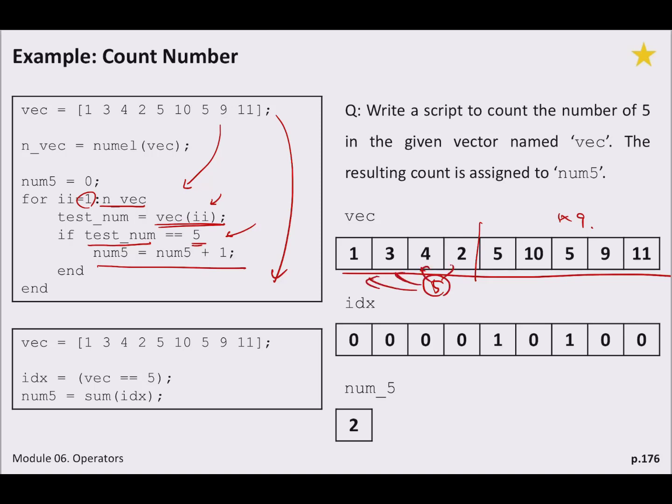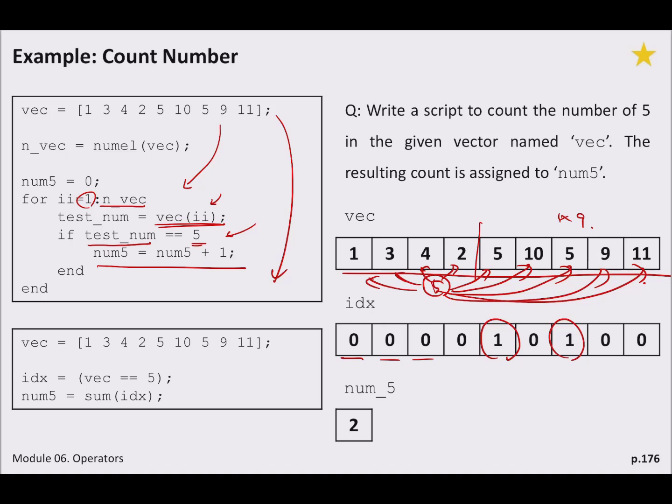Check the equality. That's why the index vector becomes 0, 0, 0, with only 1 at the location of the 5.